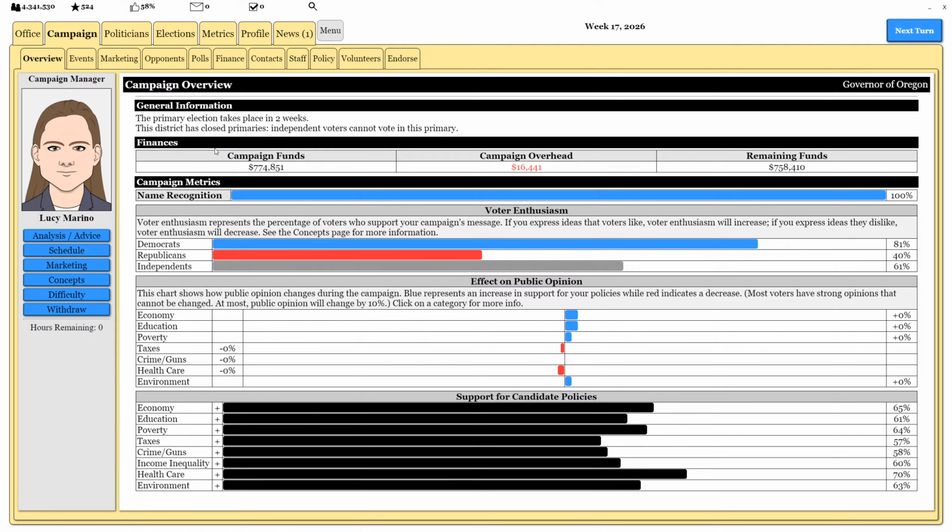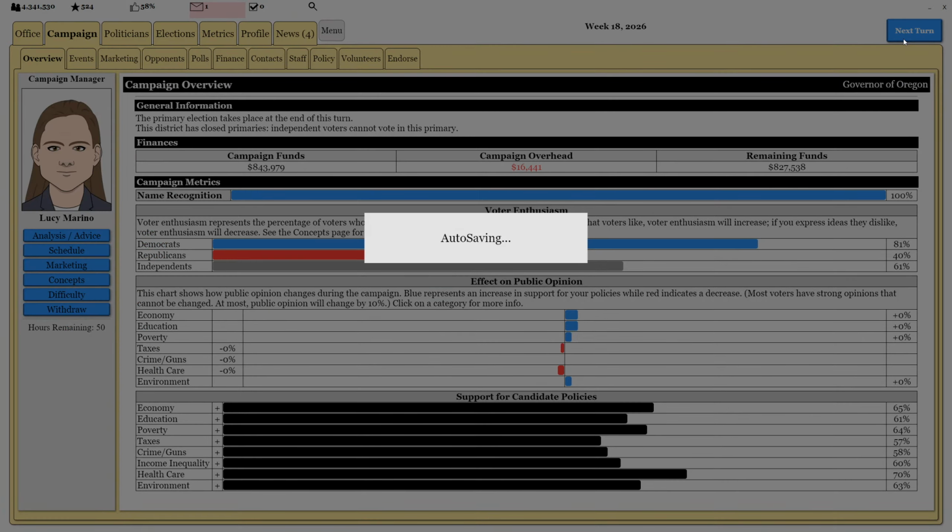Internet ads max out name recognition quickly. PG, yeah, I know, that's what I've been doing.